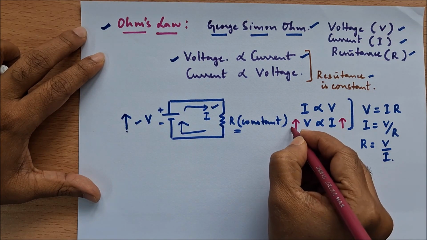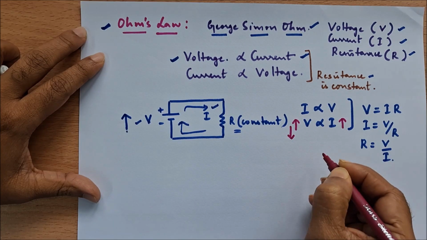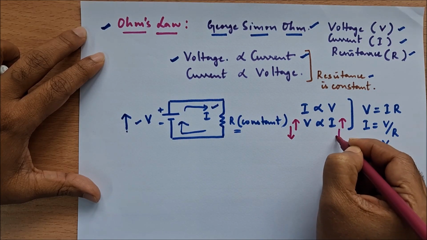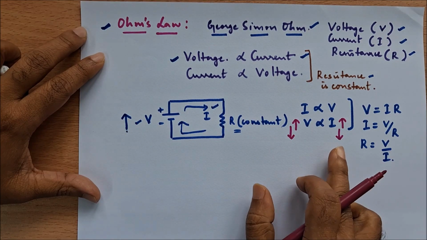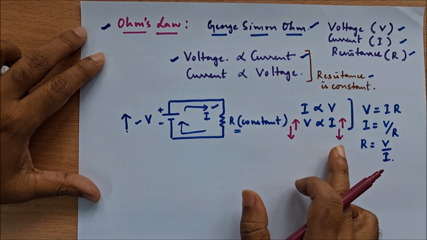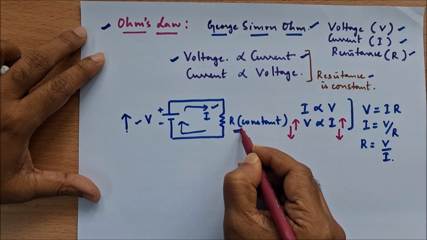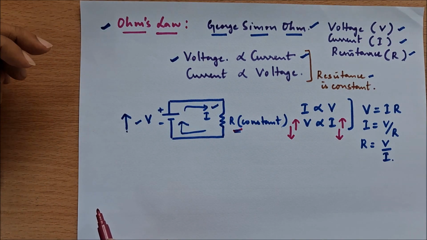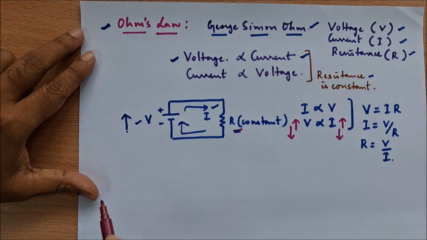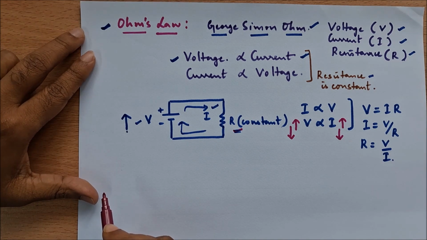Now suppose the applied voltage decreases, then the current flowing through the circuit also decreases. And this happens considering R is a constant.